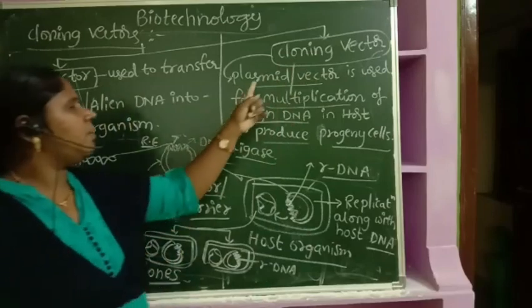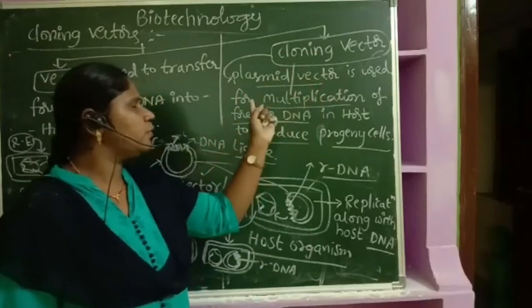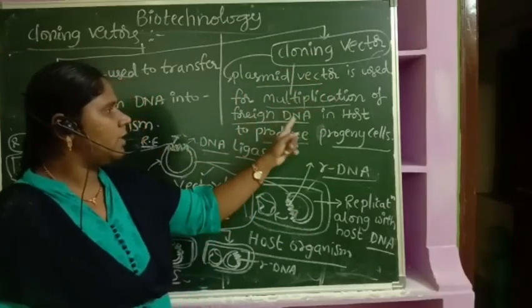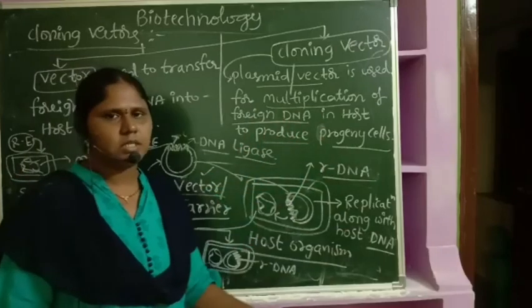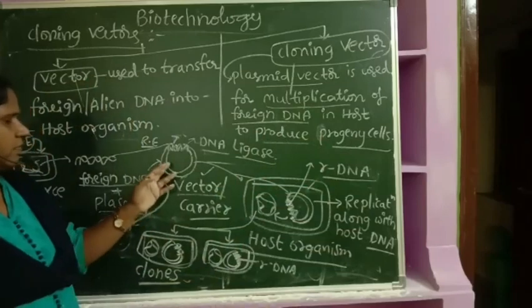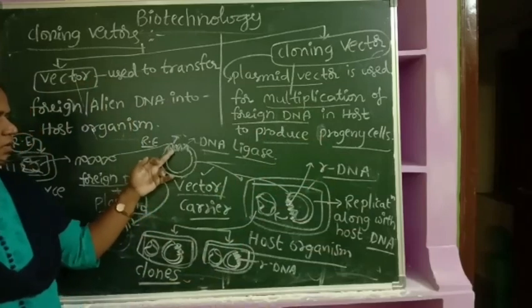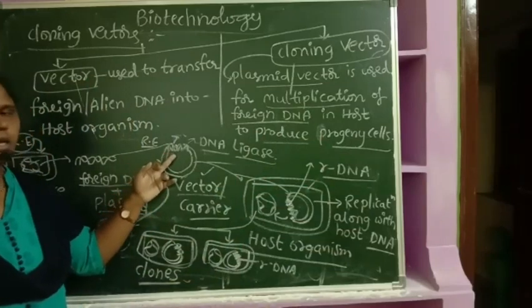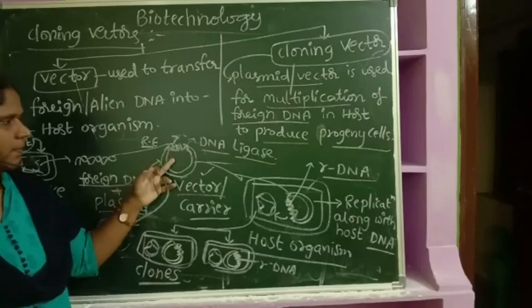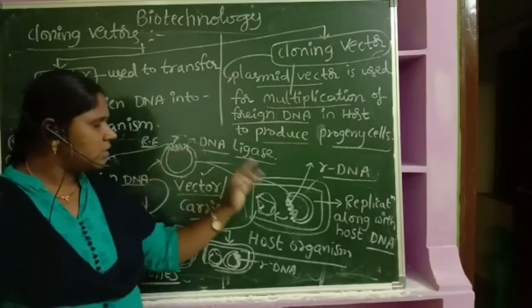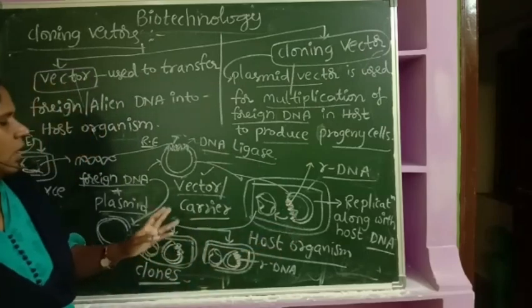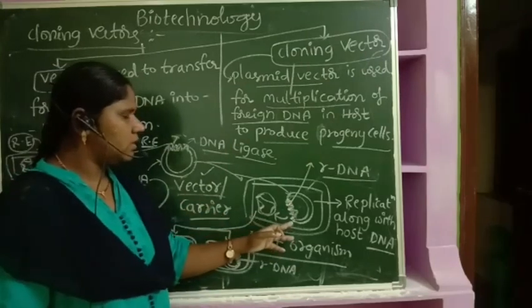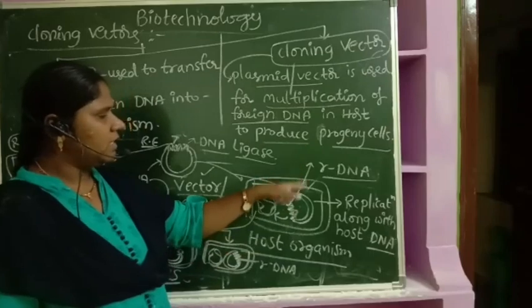Here the plasmid or vector is used for multiplication of foreign DNA in the host to produce progeny cells. That means when the vector is carrying this alien DNA, chimeric DNA or linked DNA, no doubt it enters into the host organism. Now after entering into the host organism, the plasmid DNA stays here.